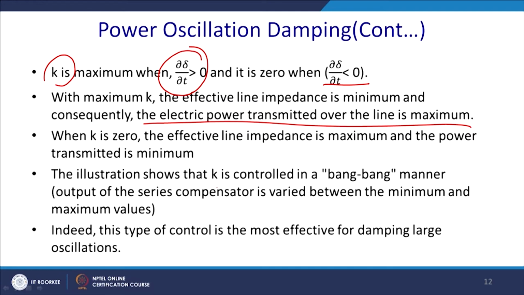The illustration shows that K is controlled in a bang bang manner. Bang bang manner means actually positive and negative, like your ACs. You set it at 25 degree centigrade or 26 degree centigrade. So, how will it be controlled? There will be a hysteresis band above which it will be on depending on the sensitivity, and below which it will be off.